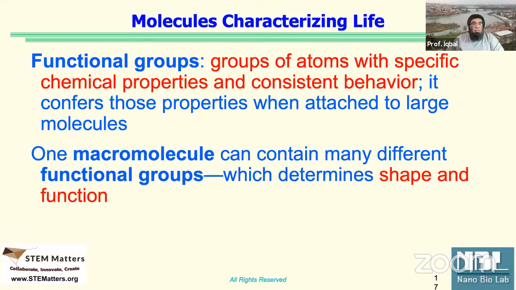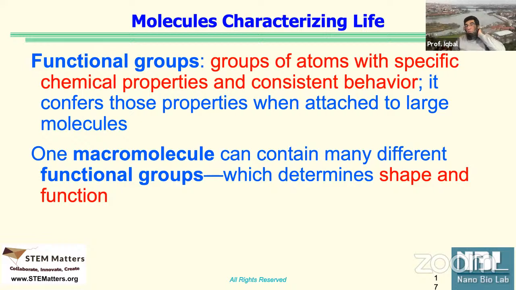So macromolecules are large and they contain many different functional groups, which gives them their shape and their function. The function could be that they are hydrophobic, they become polar, or they have charge. So very specific properties, right? Which ultimately come into play when the cell is doing whatever a cell is supposed to do.